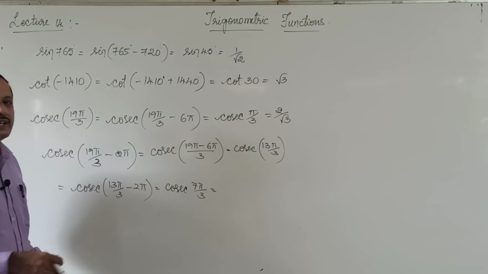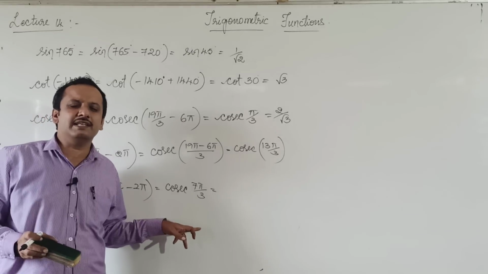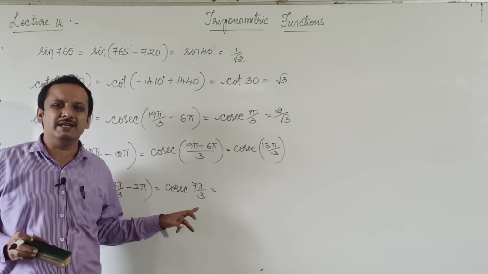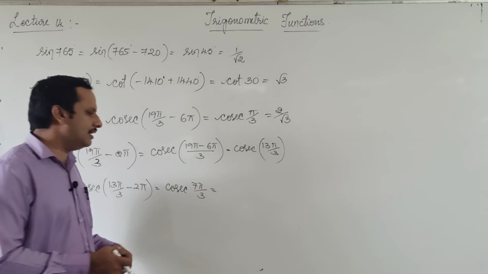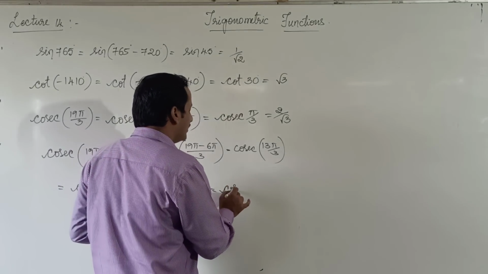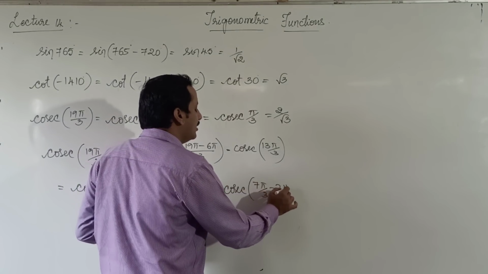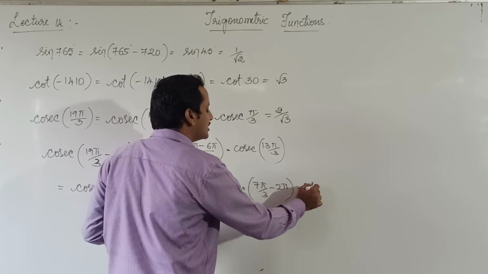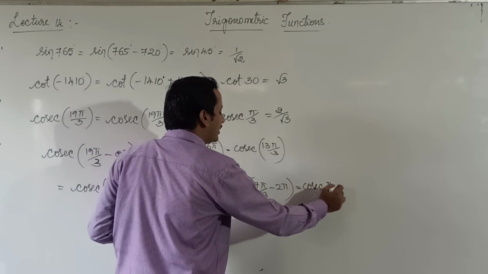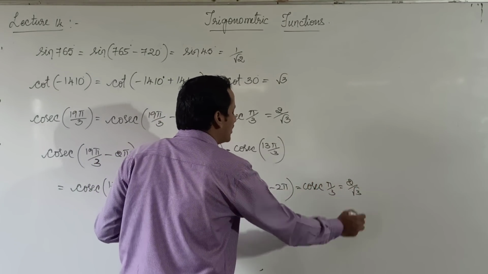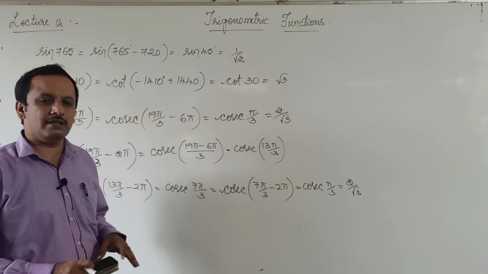This is also greater than 2 pi. If it is 6 pi by 3, then it will be 2 pi. This is 7 pi by 3, so greater than 2 pi. Again you subtract 2 pi. So that will give you cosecant of 7 pi by 3 minus 2 pi. This is equal to cosecant pi by 3, that's equal to 2 by root 3.